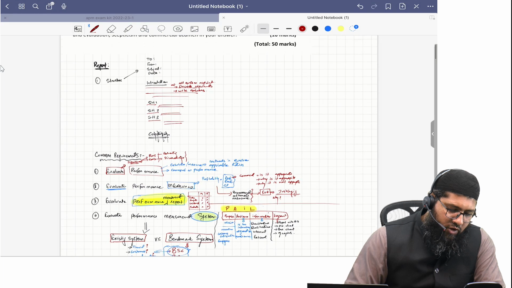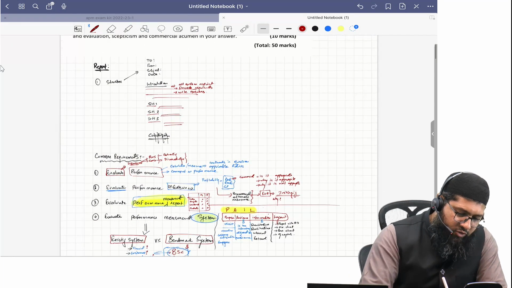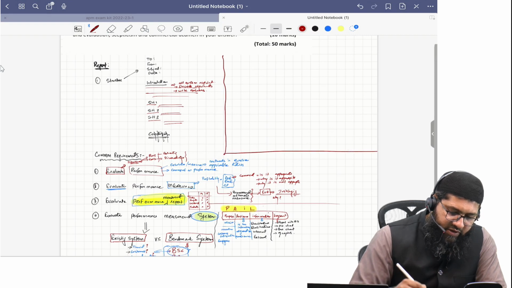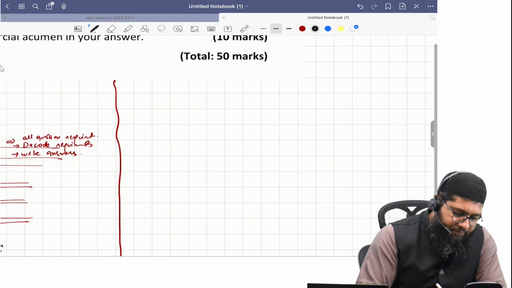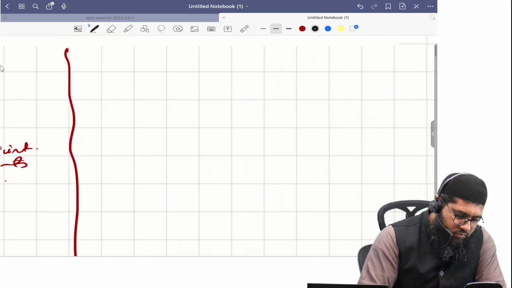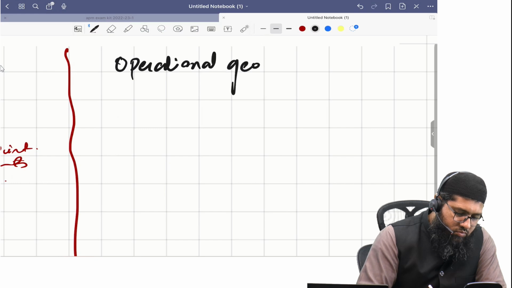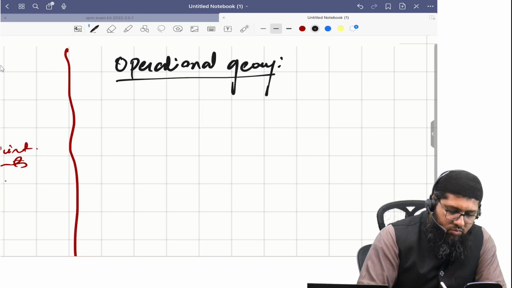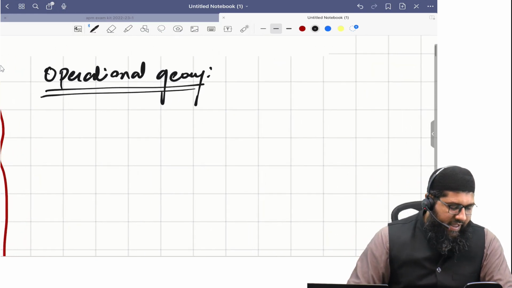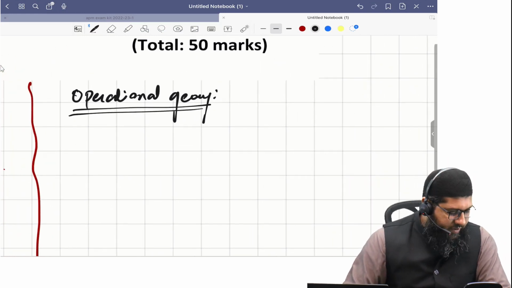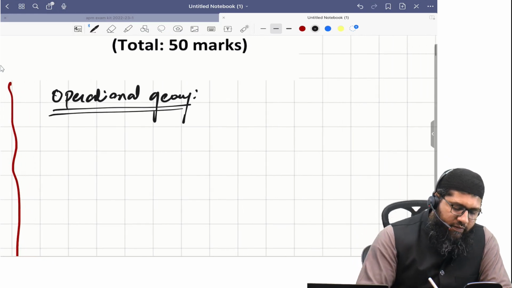I would like to complete the answer to this question here, only on the first page. The operational gearing tells you about the business risk of an entity.